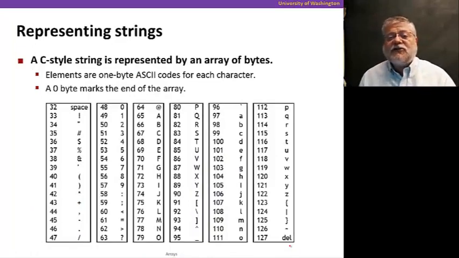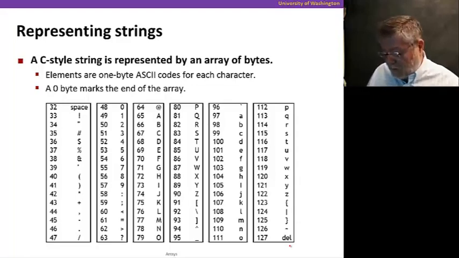A C-style string, a character string, is represented by an array of bytes. Each byte has a code in it, a 2-digit hex code, and one of the more popular ones is the ASCII code that uses 1 byte for each character. And here you see a map of most of the characters in the ASCII character set. And the way C indicates the end of a string is with a byte that only has the value 0 in it.